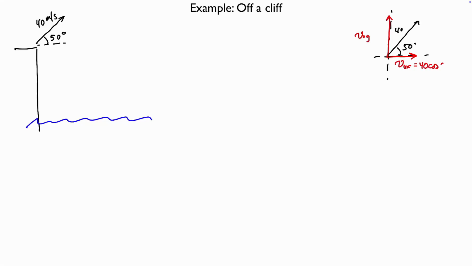The magnitude of that velocity. If the angle touches my horizontal component, it's going to be cosine. So what is the vertical component going to be? By process of elimination, sine, right? But we can see it's not touching the 50-degree angle, so we know this is going to be equal to 40 sine 50 degrees.